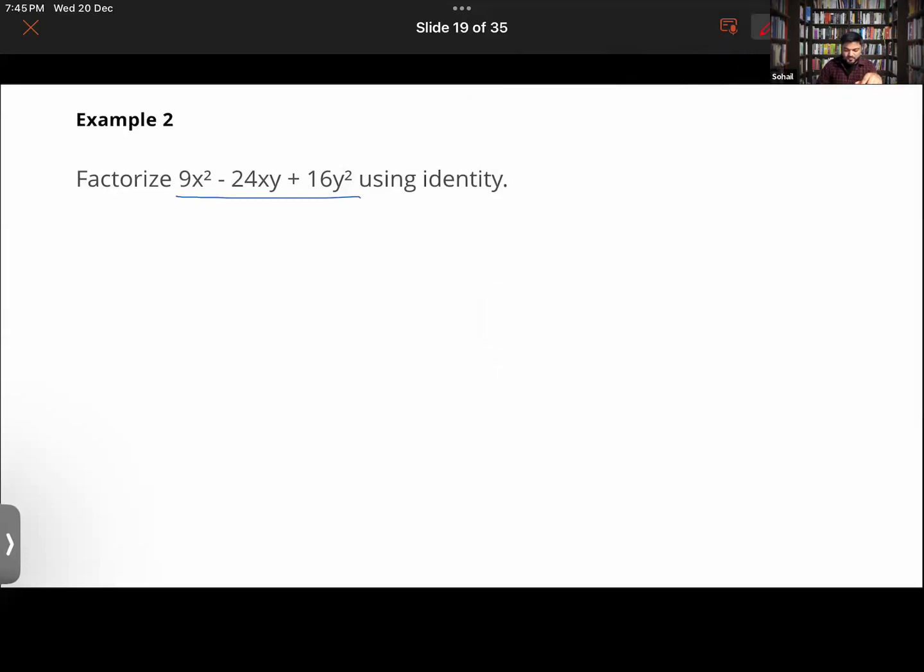पहले आप क्या करेंगे ना? In the square and square roots हमने पढ़ा है उस chapter में, like 9x square and 16y square. You can write it as 3x whole square, and this can be written as 4y whole square. Agree? Okay. And minus 24xy.